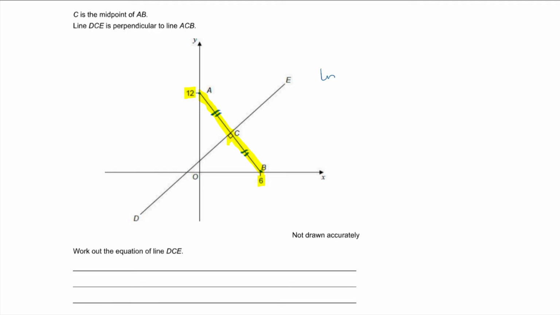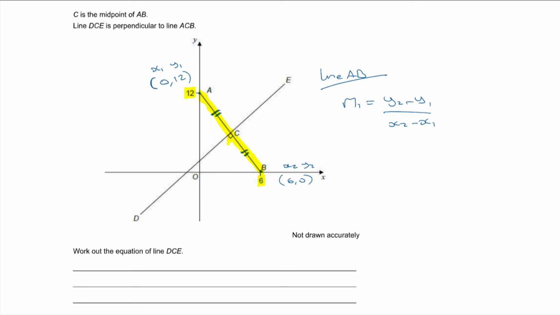For the line AB, then M1, the gradient, is going to be Y2 minus Y1 over X2 minus X1. Okay, now remember this point down here was 6, 0, and this point over here was 0, 12. So this could be my x1, y1, and this could be my x2, y2 coordinates.